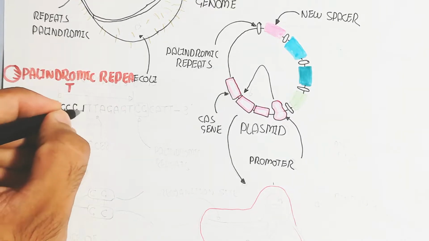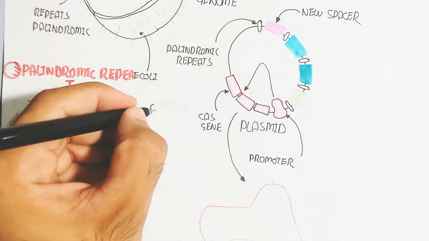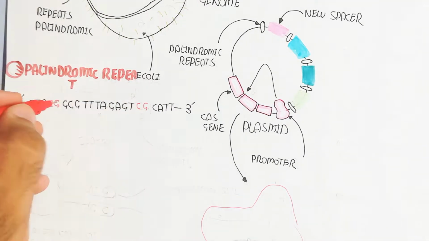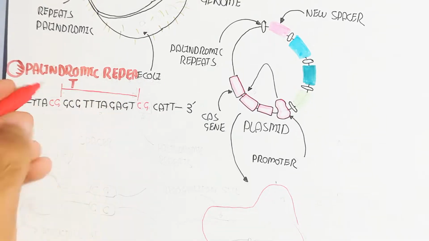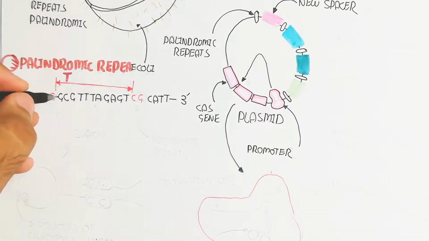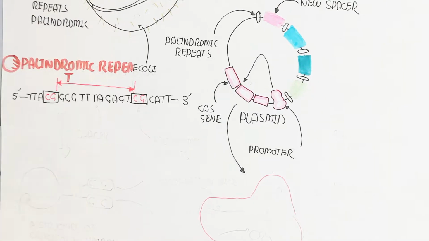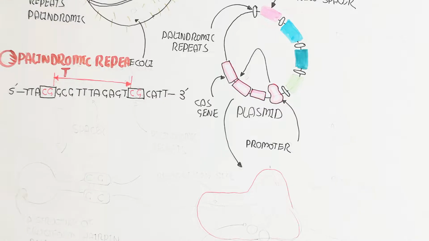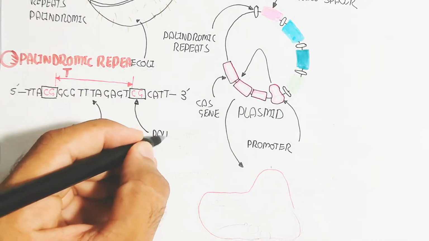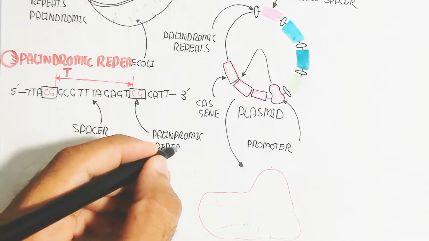What is this? Here you can understand the palindromic repeat means cytosine guanine toward the 3' to 5', while the guanine with cytosine is here, which becomes a hairpin-like structure when bound together after transcribing. So between the palindromic repeats, the spacer is present.